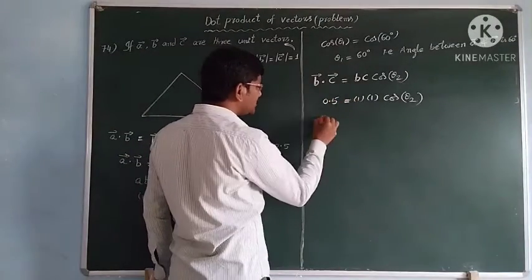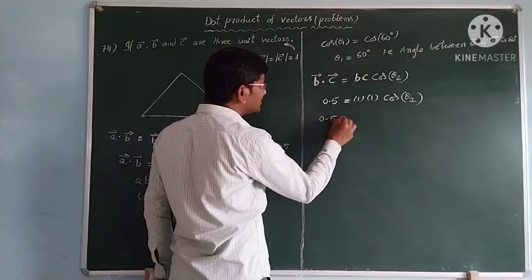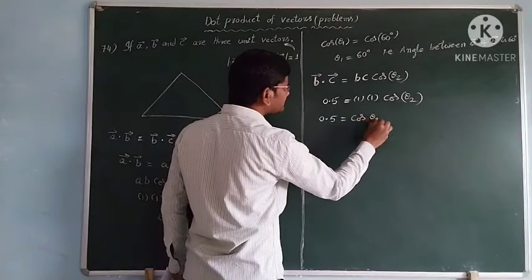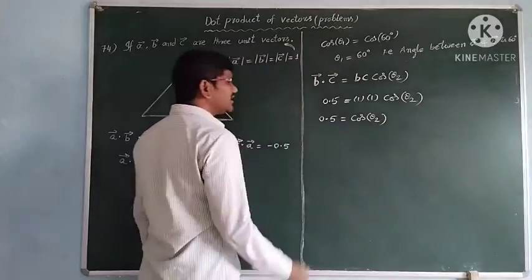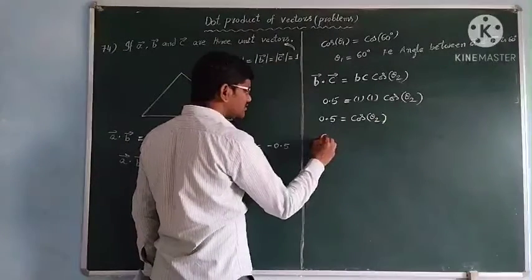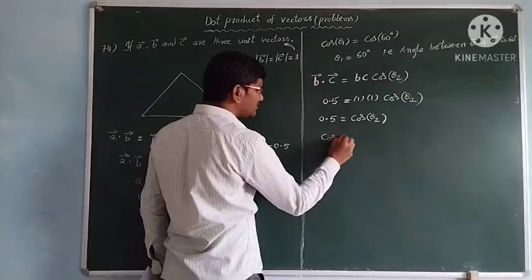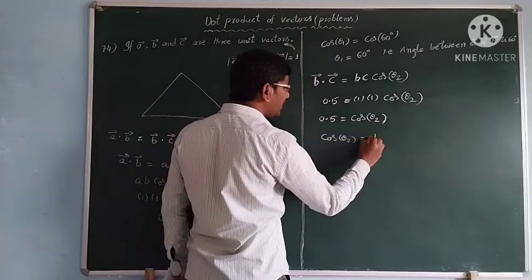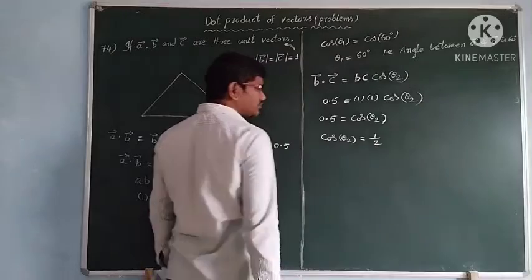So 0.5 is equal to cos of theta 2. Okay students, so cos theta 2 is equal to 0.5, which is 1 by 2.